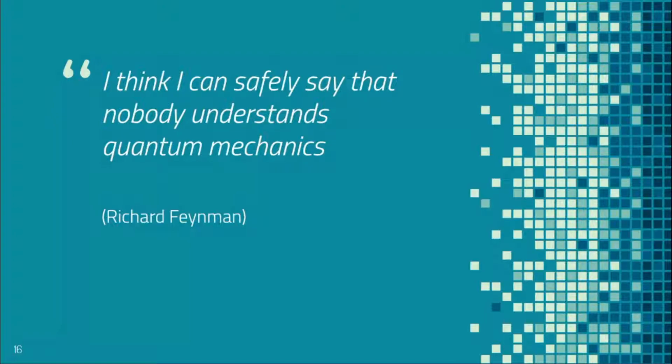And when we combine that with Feynman's quote about no one understanding quantum mechanics, and Shor saying no one understands computers, I don't think anyone understands quantum computers even more. So it's definitely a very complex field.